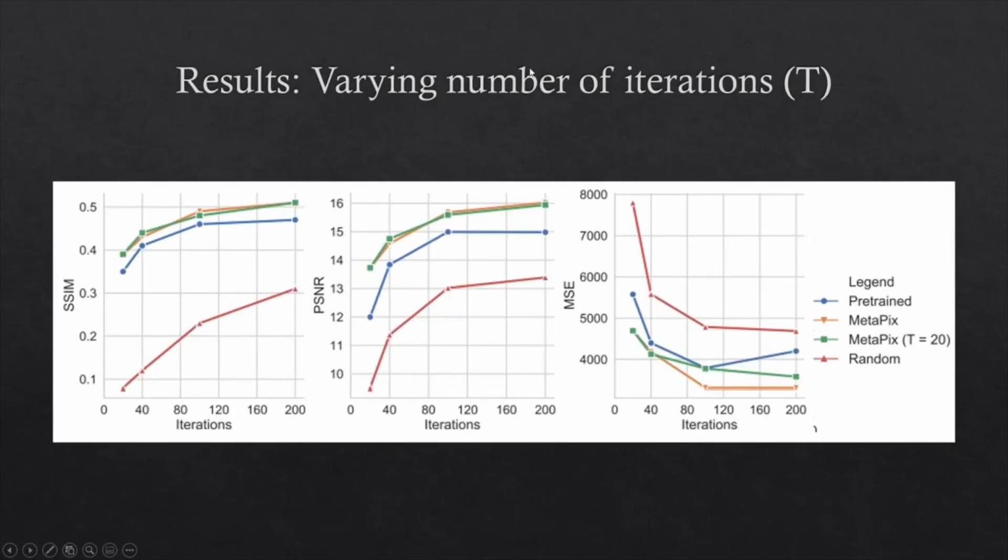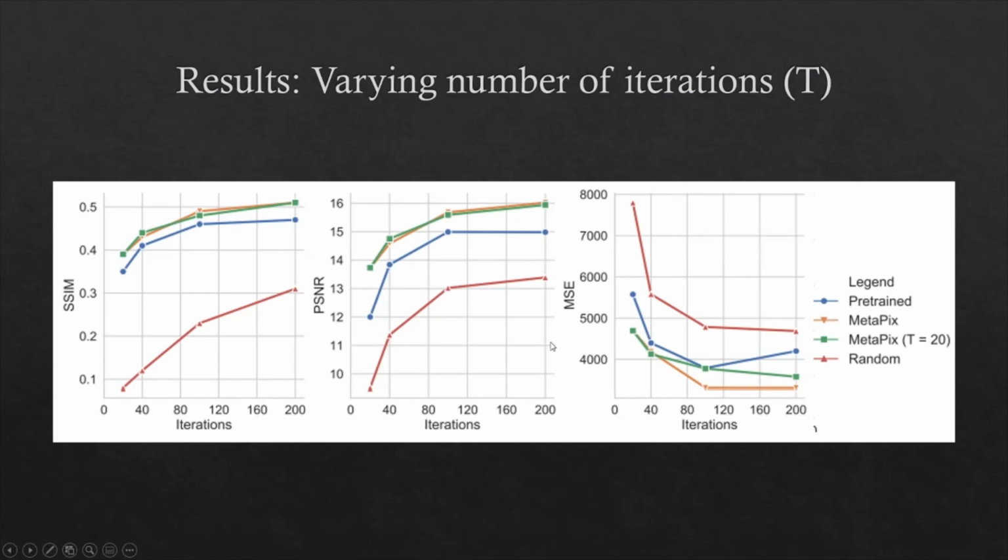And we can see the same behavior in varying the number of iterations when k is constant. MetaPix with the number of iterations equal to 20 does as well. If we look at SSIM, it looks to be as well. PSNR looks to be a little bit less than MetaPix, and it looks to be a little bit less than MetaPix in the orange in the MSE as well.